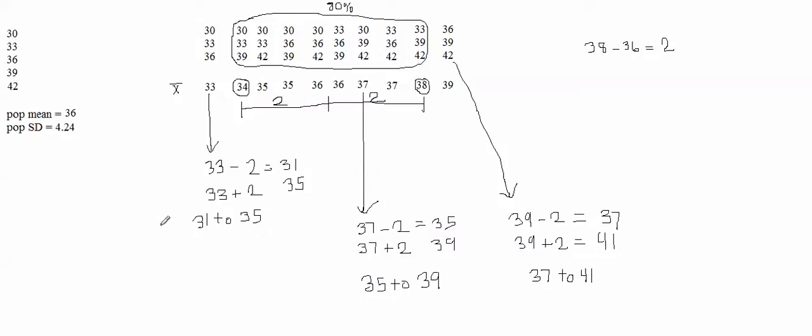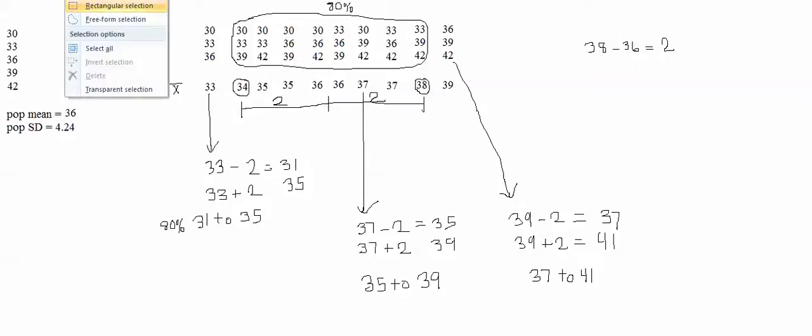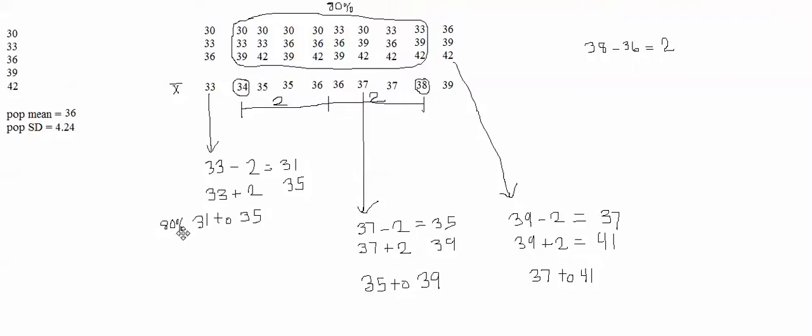So maybe I could write 80% CI next to each of these. And also, I would want to label this one and this one with 80% CI.